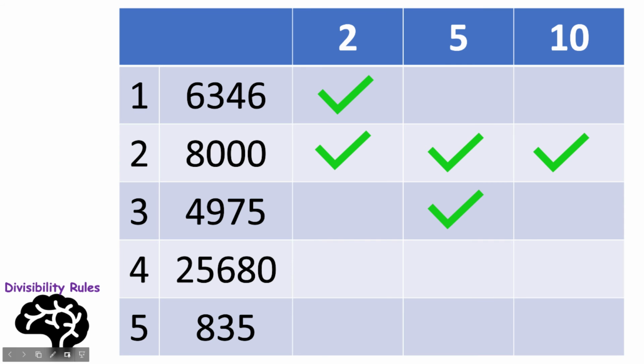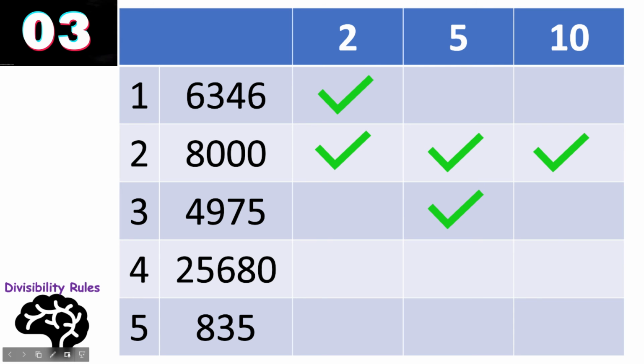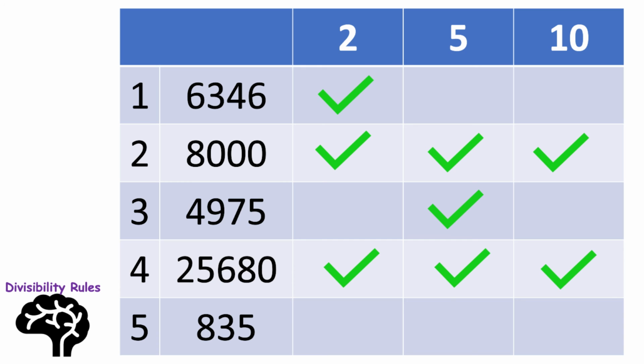Number 4 in the table, we have 25,680. 25,680 is divisible by 2, 5, and 10.